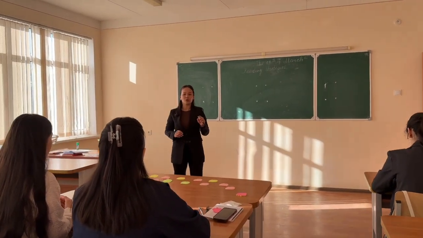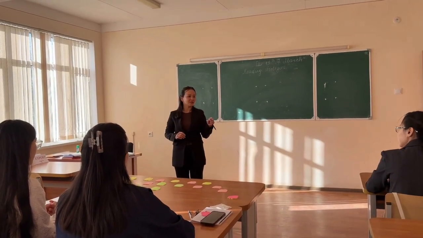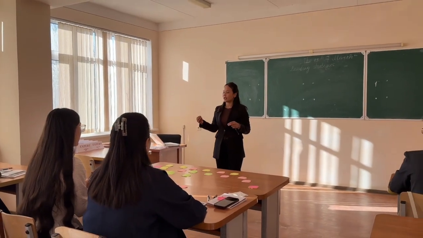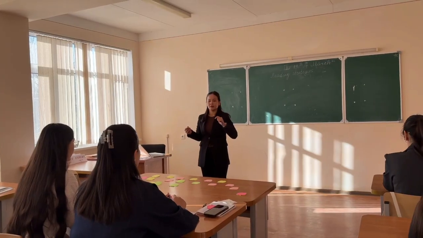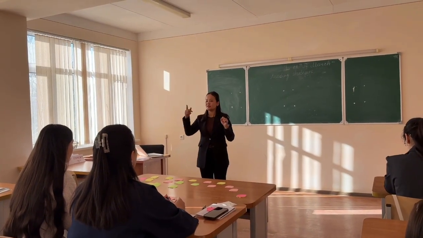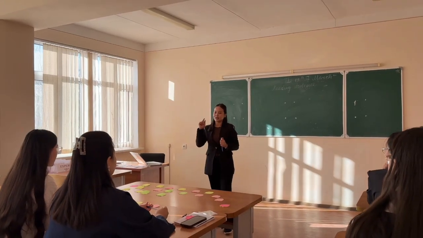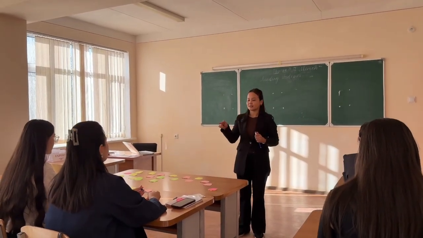Okay, this is called scanning strategy. What kind of strategy is this? What should we do to scan the text? Highlight the special words, statistics, names, numbers, years. Yes, guys. You need to read the text again and scan the text.